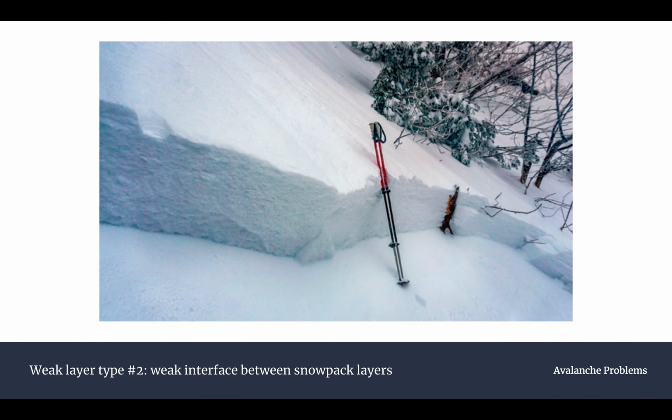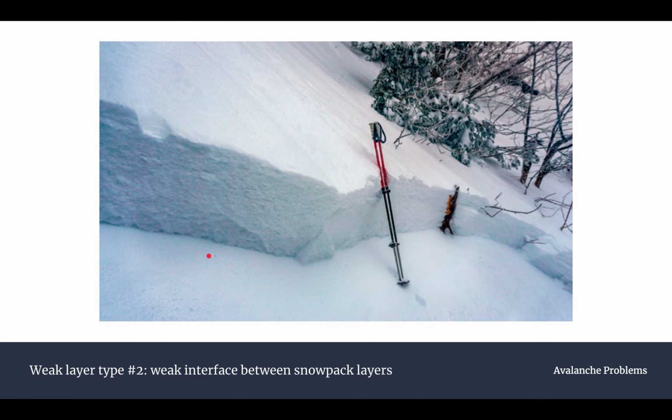And the second weak layer type: the other weak layers were layers that were susceptible to collapsing. The second is a weak interface between the snowpack layers, and this is really where that sun crust and rain crust concept comes back into avalanche safety. You can imagine if there's a very smooth bed surface here with a large amount of snow sitting on top, this interface is not very strong, because the snow doesn't really have a ton to stick on.